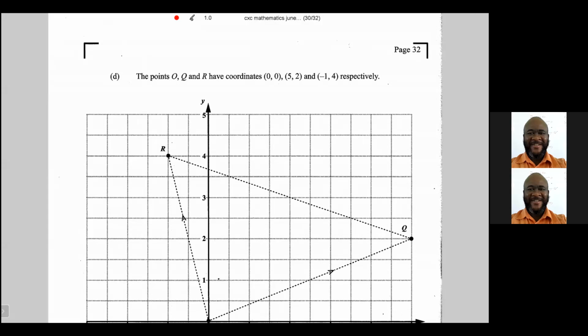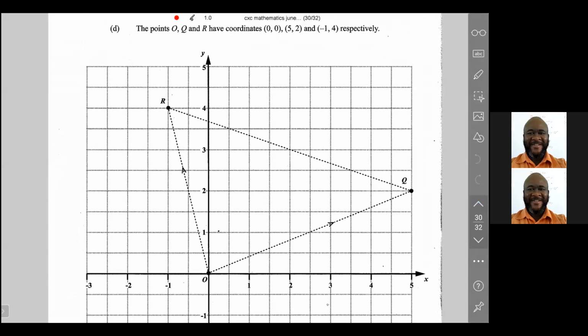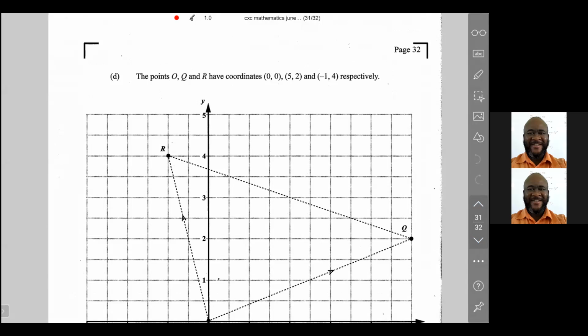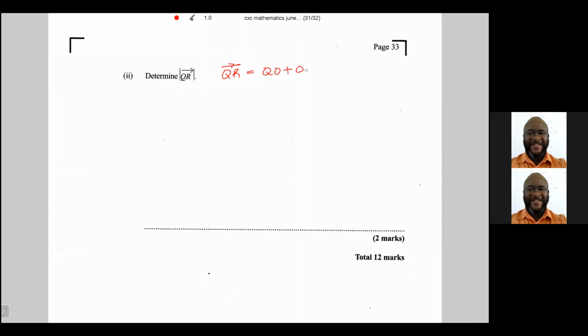So first, let's find QR using the triangle law of vectors, before we can determine the magnitude. So the vector QR is equal to the vector QO plus the vector OR. That's the triangle law of vectors.